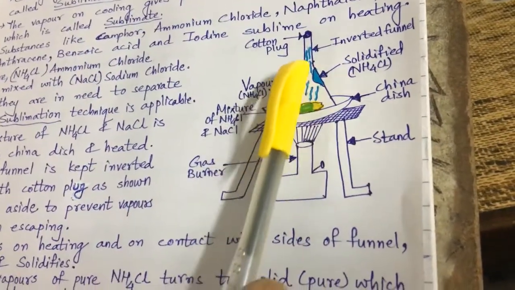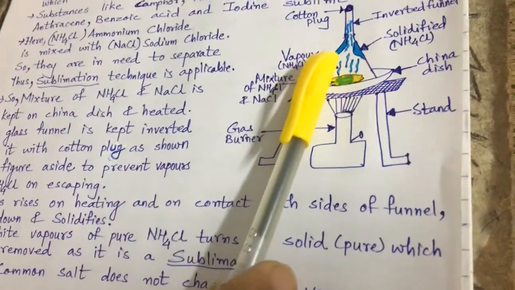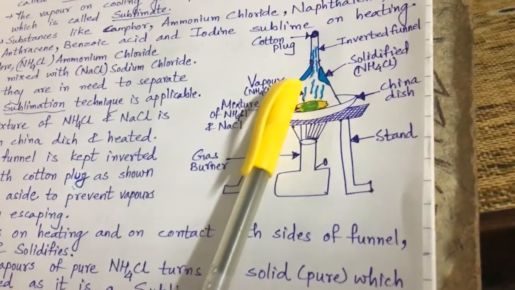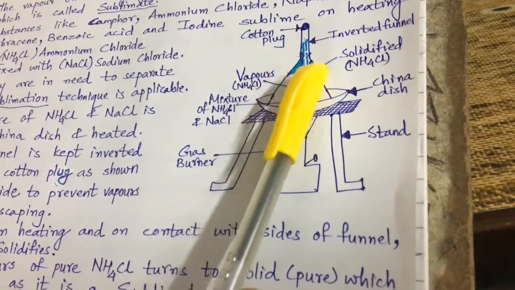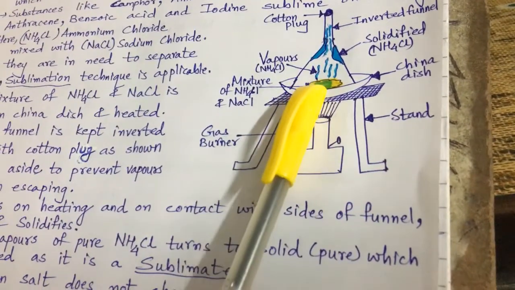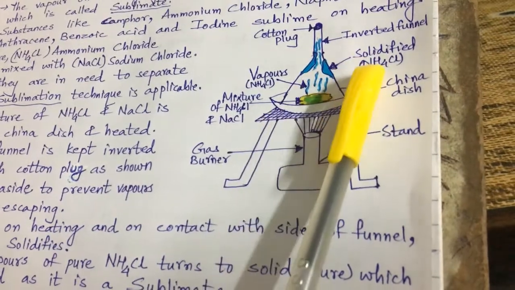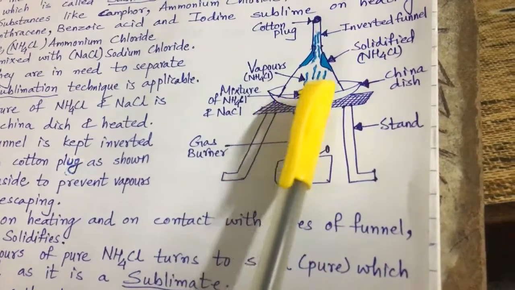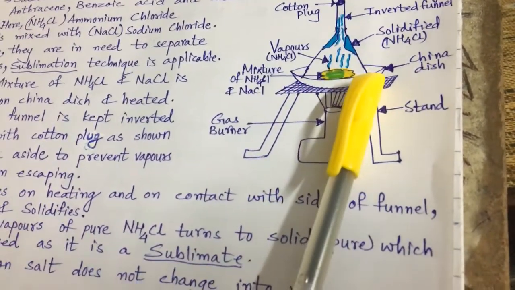This solidified ammonium chloride is then scraped and collected out from the funnel. So both the substances, sodium chloride NaCl and NH4Cl, can be separated by the sublimation process.